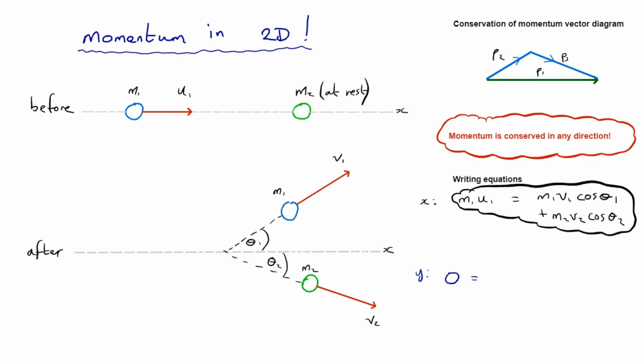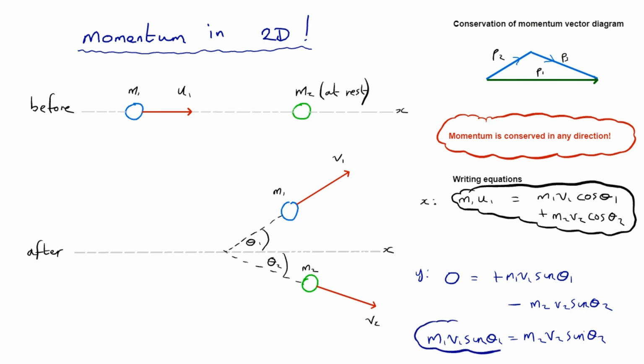We've got plus m1 v1 sine theta 1 minus, because it's going down in the negative y direction, minus m2 v2 sine theta 2. And of course I could rewrite that second equation in a slightly more friendly way. I could put m1 v1 sine theta 1 equals m2 v2 sine theta 2.